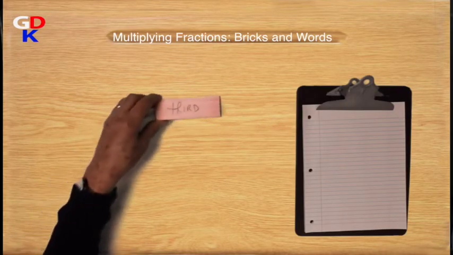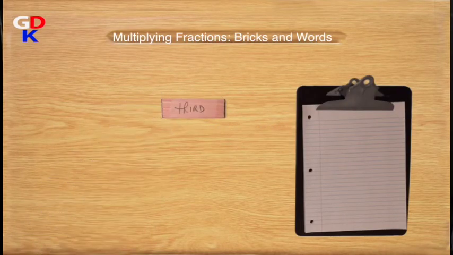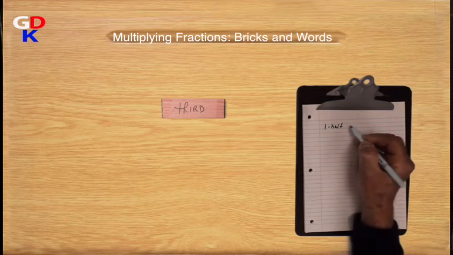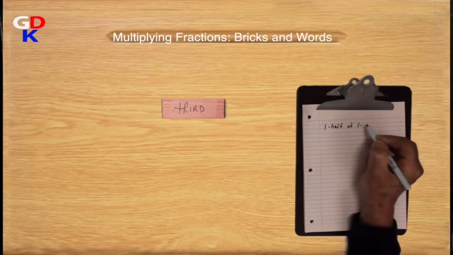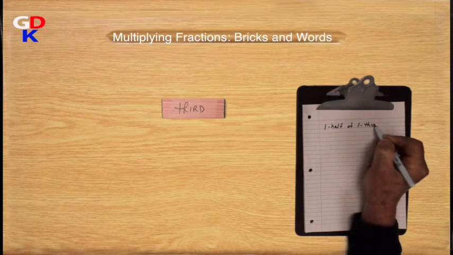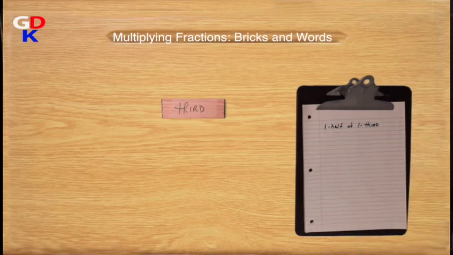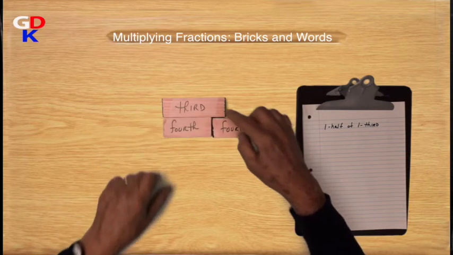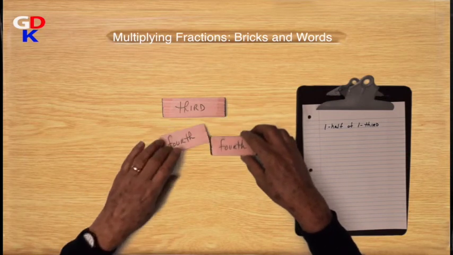We're going to look at our 1/3 again, and we're going to again ask the question, what is 1/2 of 1/3? Well, as I tried before, I could see fourths, but fourths don't make a half of a third.